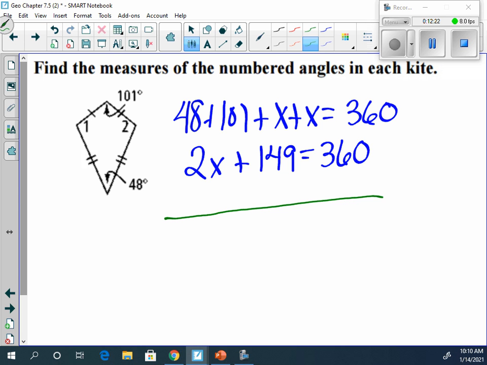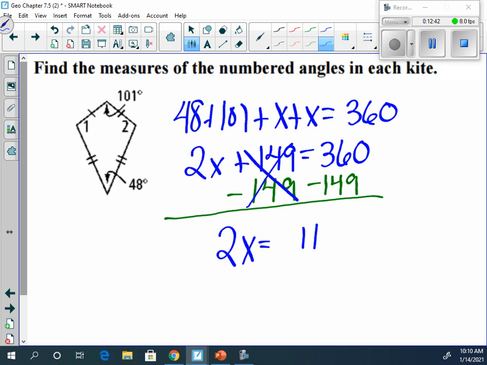And again, like we just did, the first thing we can do is subtract 149 from both sides. We're trying to get x by itself, and subtracting 149 from both sides will give us 2x is equal to 211.